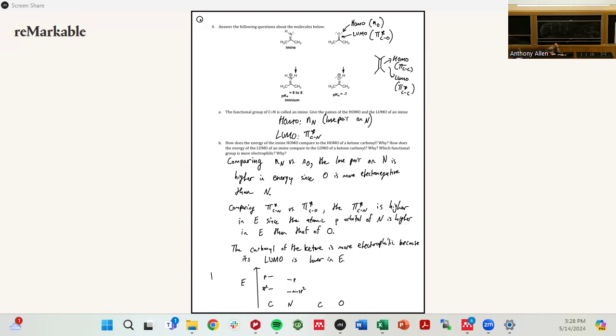So I'll have my sigma, my pi. I didn't give enough space. Dang it.